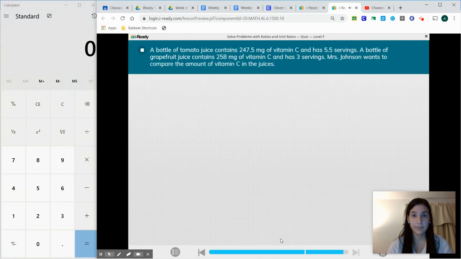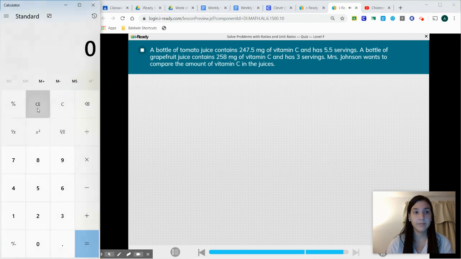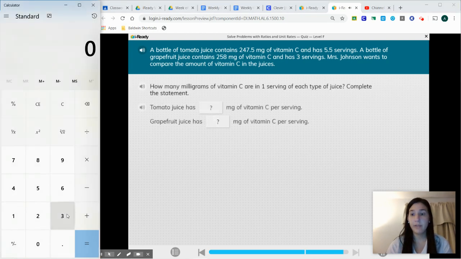A bottle of tomato juice contains 247 5/10 milligrams of vitamin C and has 5 5/10 servings. A bottle of grapefruit juice contains 258 milligrams of vitamin C and has 3 servings. Mrs. Johnson wants to compare the amount of vitamin C in the juices. So we're going to find the unit rate. How many milligrams of vitamin C are in one serving of each type of juice?